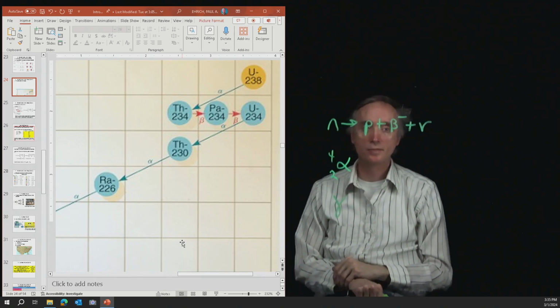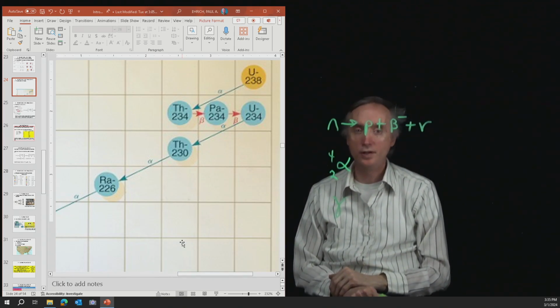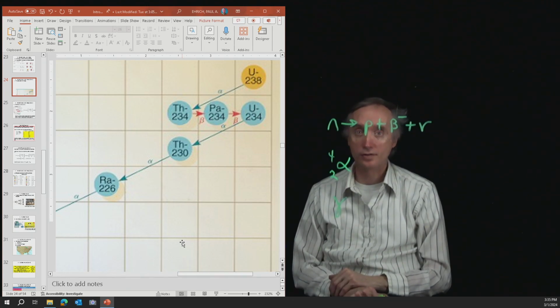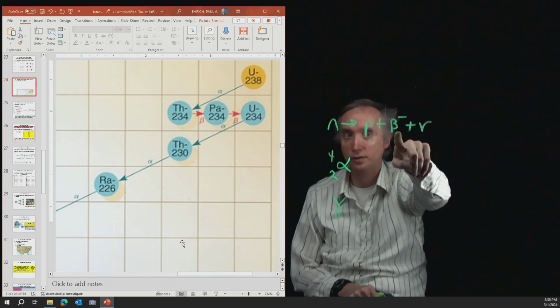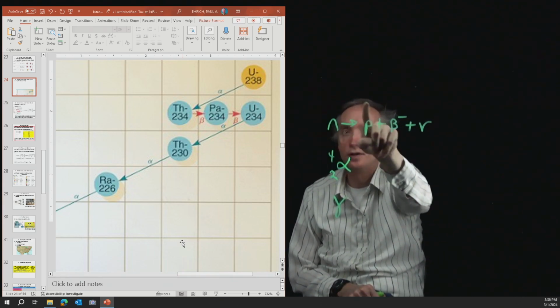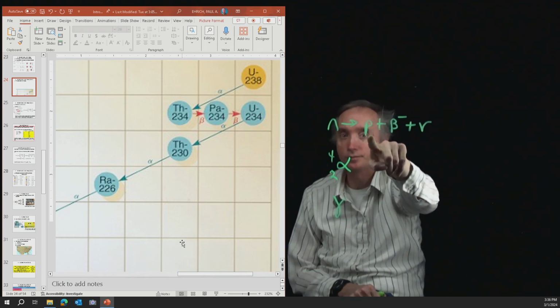Okay, in our previous segment, we learned that there were three ways that a radioactive nucleus changes into another nucleus. One way was by the emission of a beta particle, whenever a neutron changes into a proton.